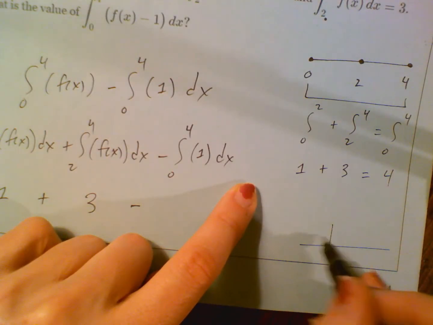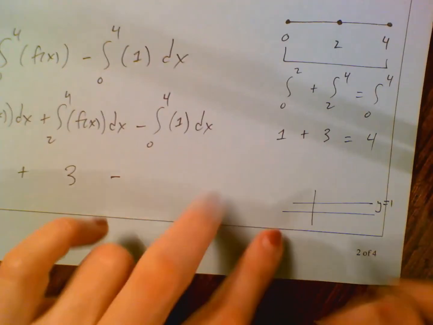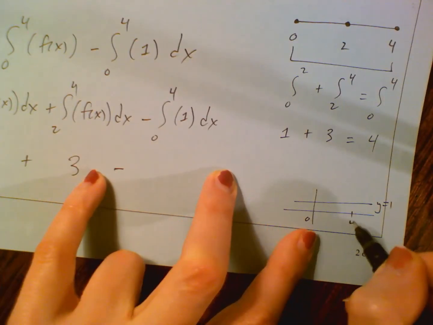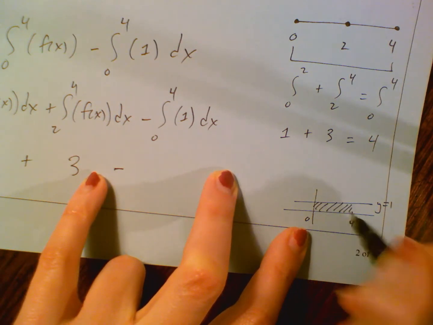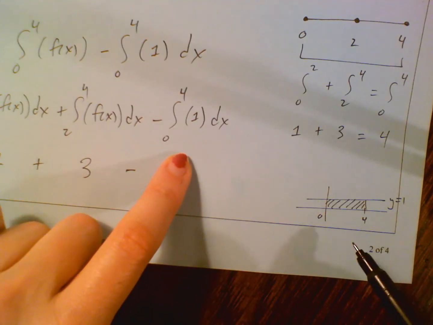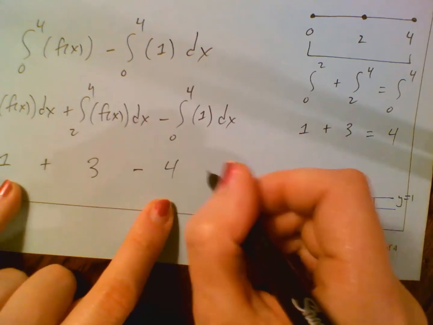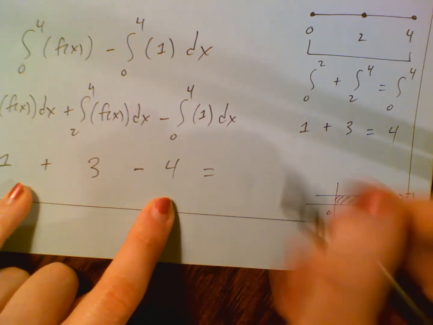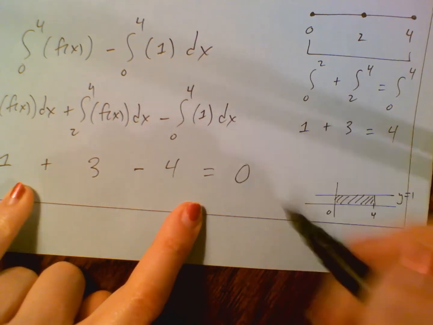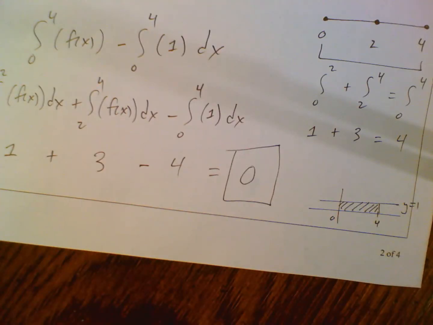So this is y equals 1 from 0 to 4. So the area of this rectangle is 4 times 1, which is 4. So this is 1 plus 3. Oh my gosh, it's 0. Are you kidding me? Okay, I guess so.